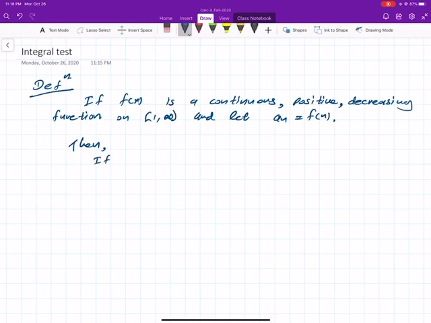If integration from 1 to infinity f of x dx is convergent, then sigma n goes from 1 to infinity an is convergent.